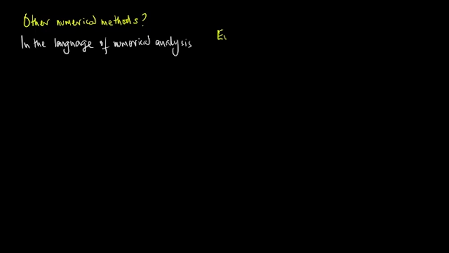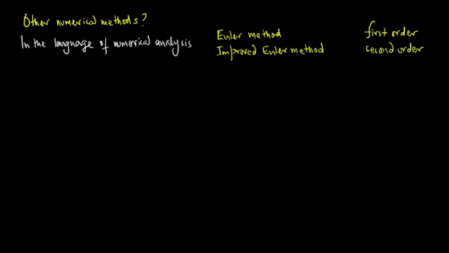Now, are there other numerical methods that one could use? Before mentioning them, in the language of numerical analysis, the Euler method is a first order method and the improved Euler method is a second order method.